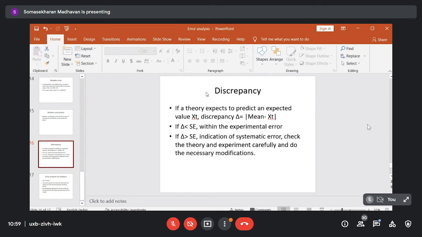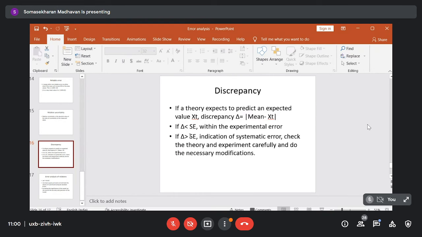Okay, then there is another term, discrepancy. If a theory predicts an expected value xt, the discrepancy delta is defined as the absolute value of the mean minus xt. Okay, and if delta is less than the standard error, then we can say that the measurement is within the experimental error, that is, the expected experimental error.